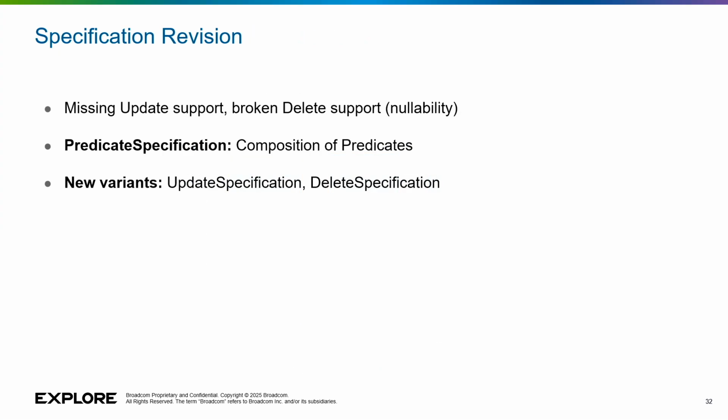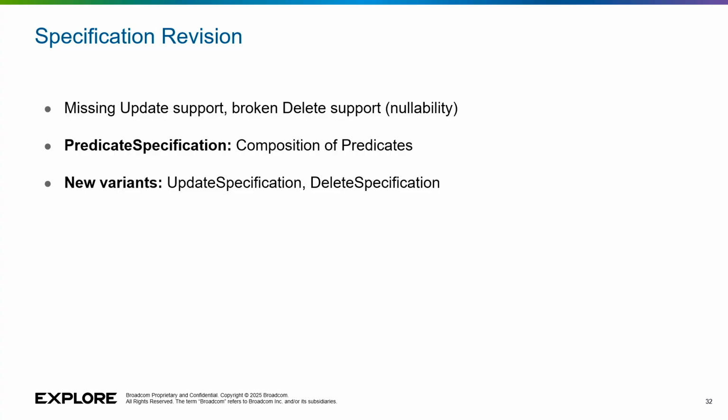So yeah, missing update support and broken delete support. It's an interesting bug that's been kind of coming back and forth over the years, but it's improved. Let's say that it's not broken any longer.